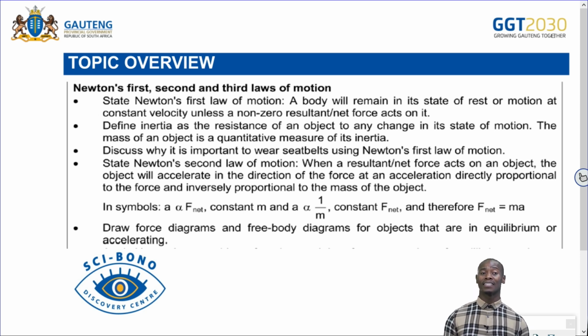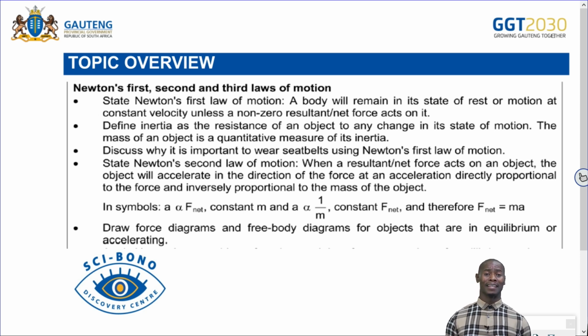You can see there they said resultant or net, so you need to choose. You can't write both. Remember, you are not writing a memo. So you'll choose resultant or net force. When a resultant force or when a net force acts on an object, the object will accelerate in the direction of the force with an acceleration that is directly proportional to the force and inversely proportional to the mass.